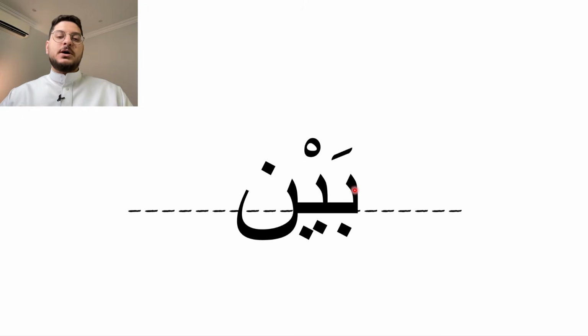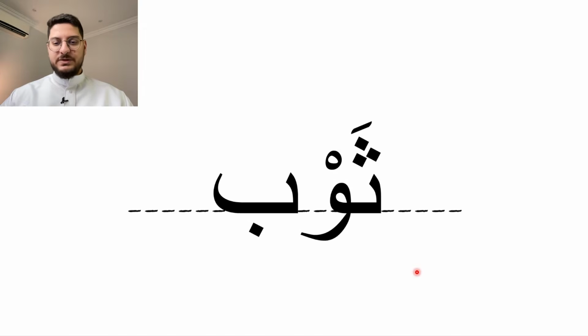So it's bay again, just like in the previous word. And then what do I have at the end? I have the na with no vowels, so it's just n. So this word would be bain, and bain means between.